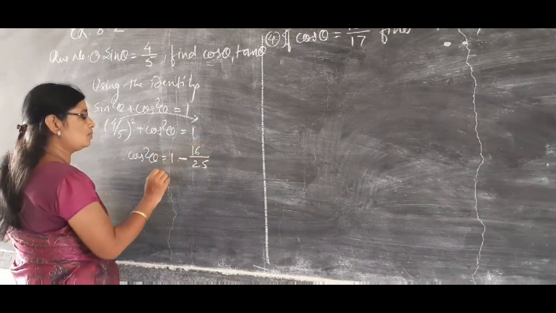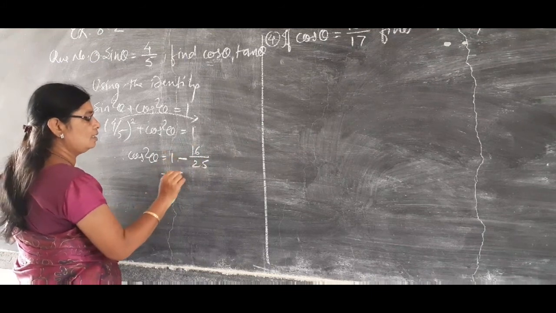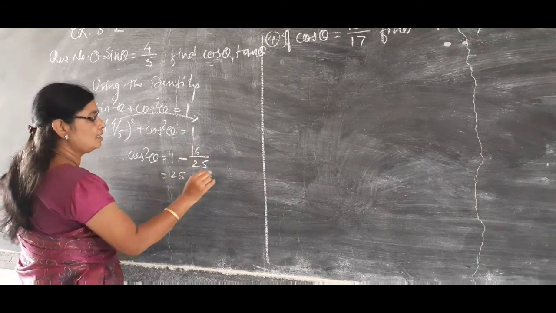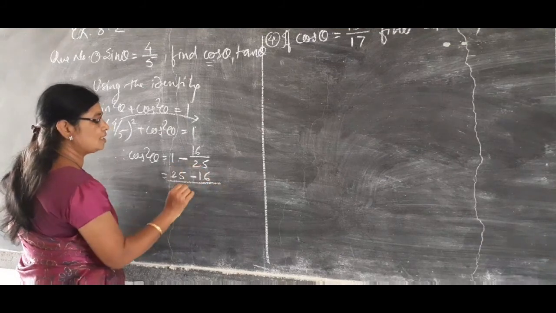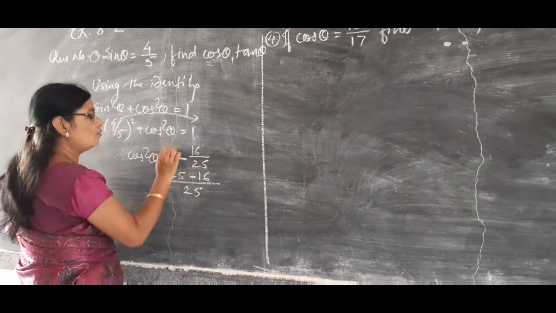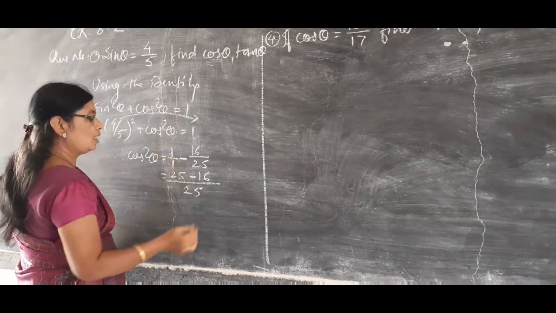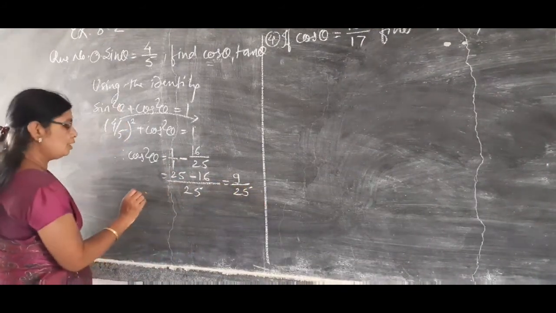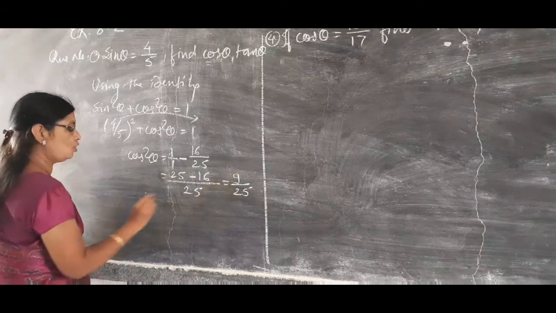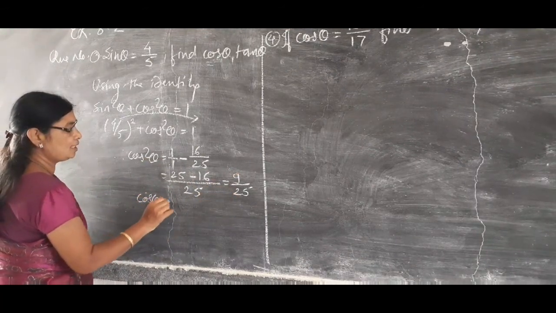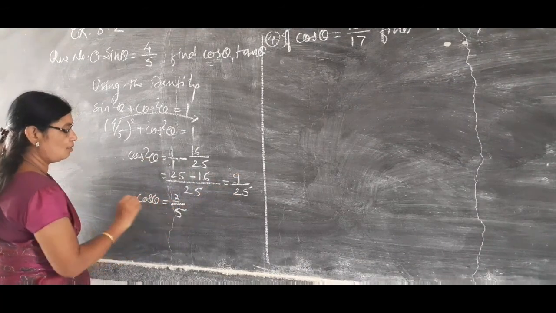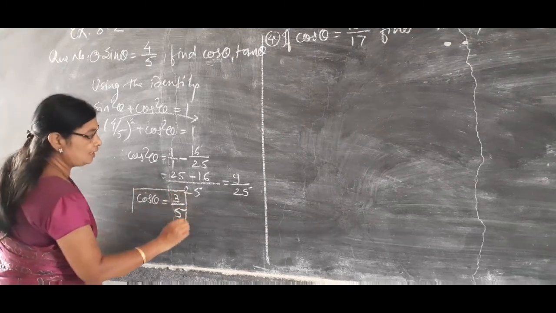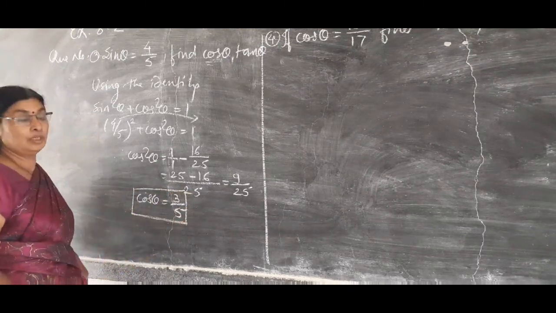Now do the cross multiplication. 25 ones are 25, 16 ones are 16, 25 ones are 25. Here 1/1, and then what do you get? 9/25. Now cos square theta is 9/25, so cos theta is how much? 3/5.